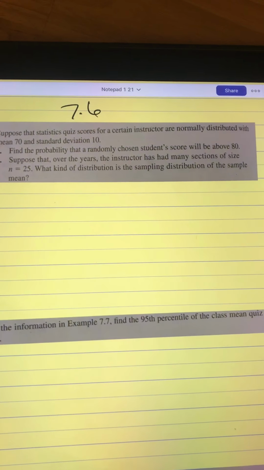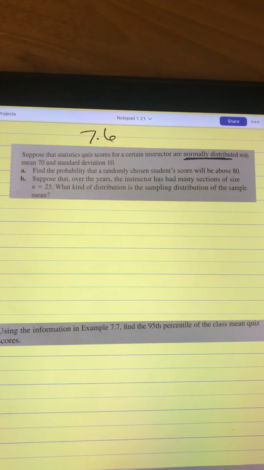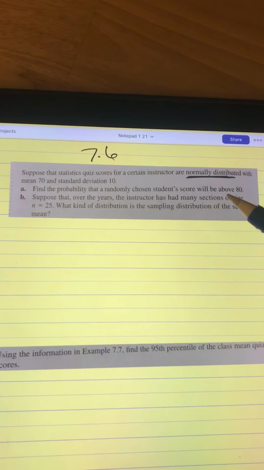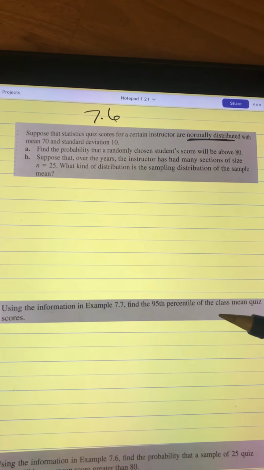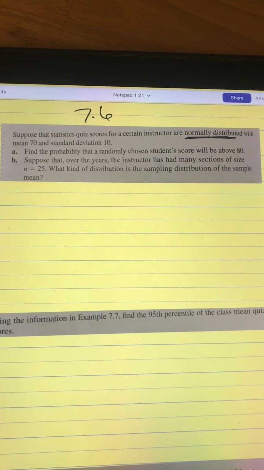Find the probability that a randomly chosen student score will be above 80. Now, these are problems that we did in chapter 6. So we're going to be building off of chapter 6 in chapter 7.